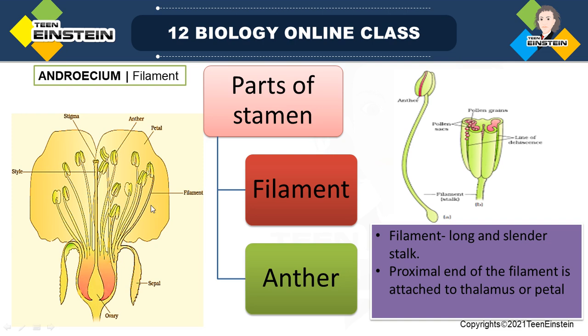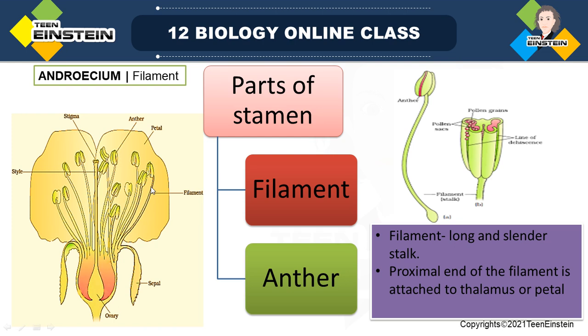In this picture, the filament has the anther at the terminal end, and the proximal end is attached to the thalamus or the petal of a flower. In this picture you can see very clearly that the proximal end of the filament is attached to the thalamus or the petal.